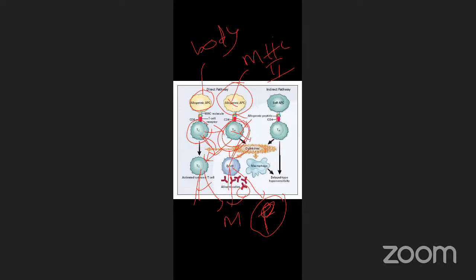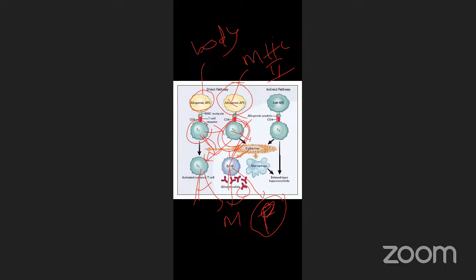antigens to T cells, after the processing of the antigen. With the help of MHC molecules, antigens can be presented to the T cells, whether it is a TC cell or a TH cell.